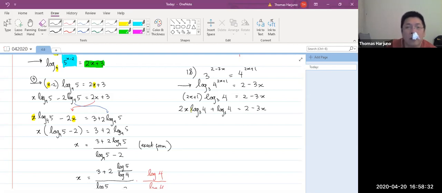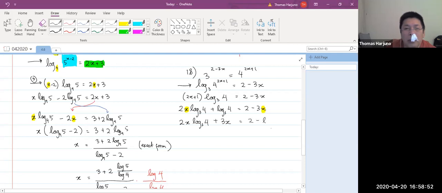Now I have this x here, I have this x here, I will put them together on the same side. So I have 2x log base 3 of 4 plus 3x equals 2 minus log base 3 of 4. Now I will factor this x on the left hand side.